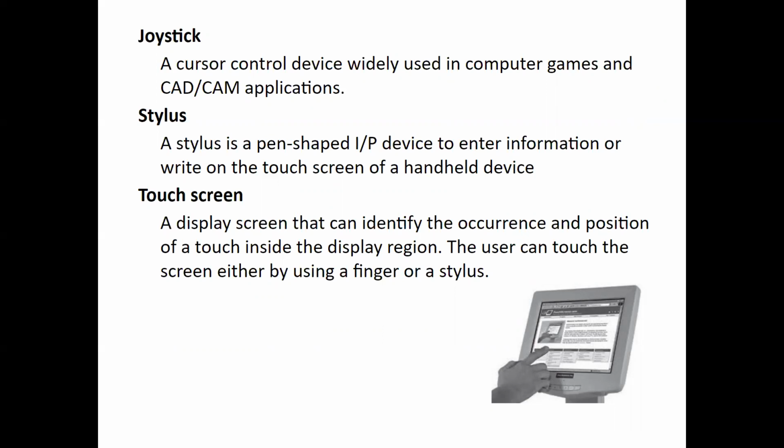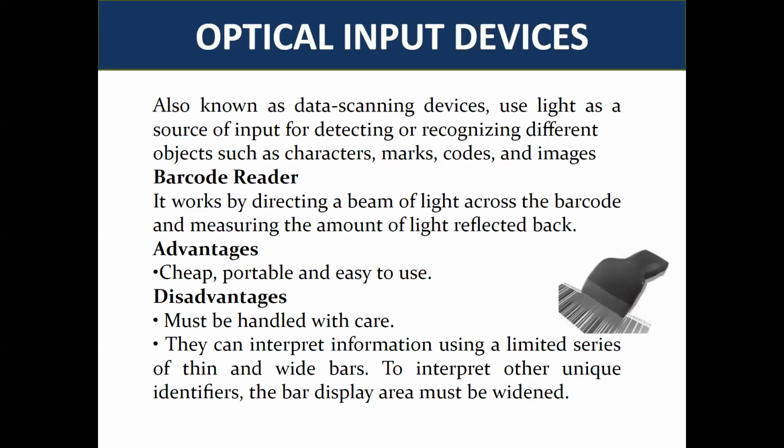This makes touchscreen ideal for computer kiosks as well as portable devices such as tablets and smartphones. And also the user can touch the screen either manually, by using a finger or using the stylus, right?